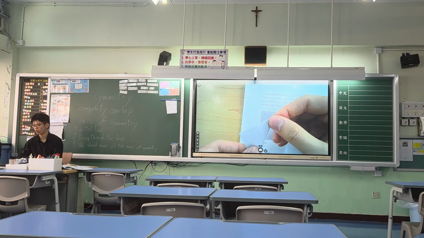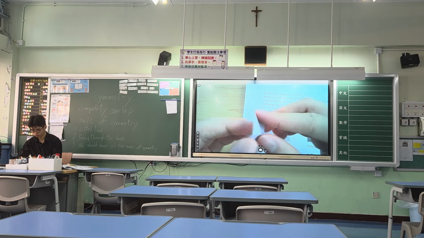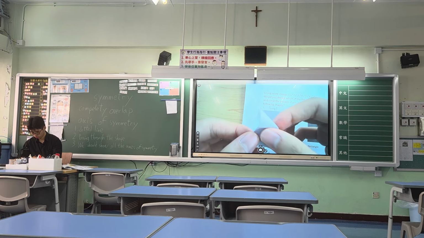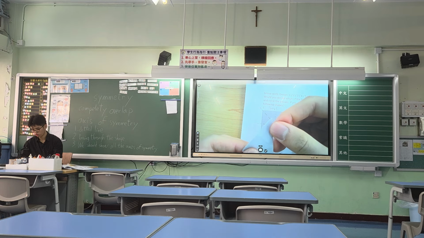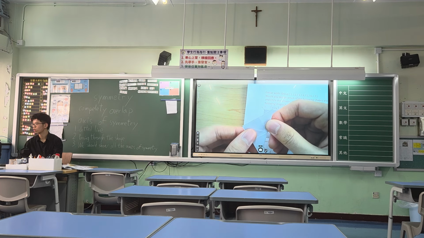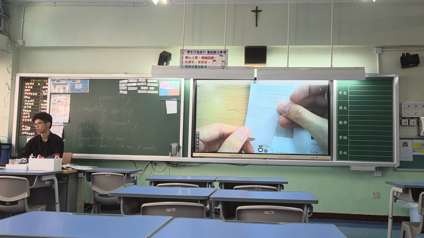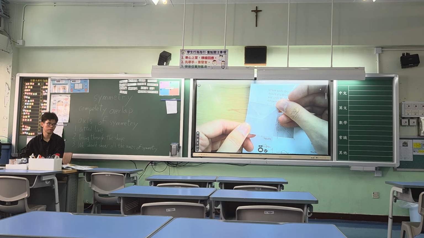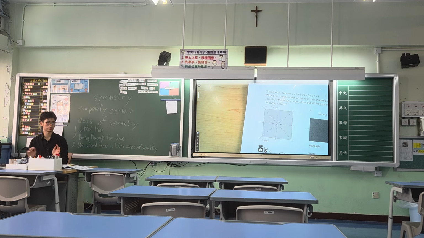Completely overlaps. And the last one will be this. See? Completely overlaps. So we can observe 4 creases on the square. So group 1 is correct.